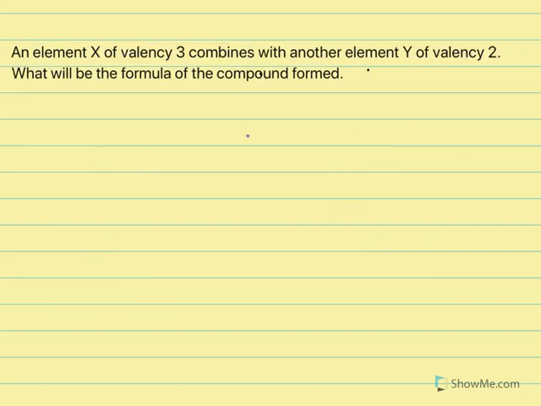An element X of valency 3 combines with element Y of valency 2. Write the formula of its compound. So we have X with valency 3 combines with Y with valency 2. Now when you crisscross it, X will take the valency 2 and Y will take the valency 3.